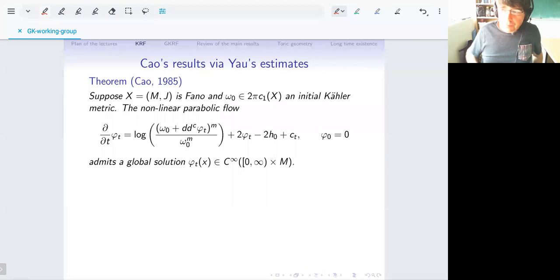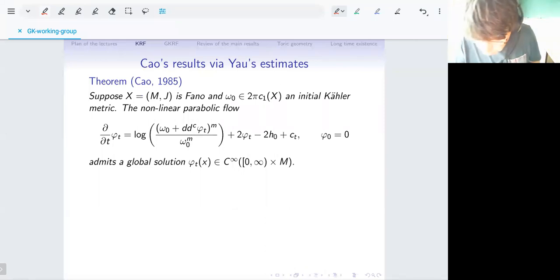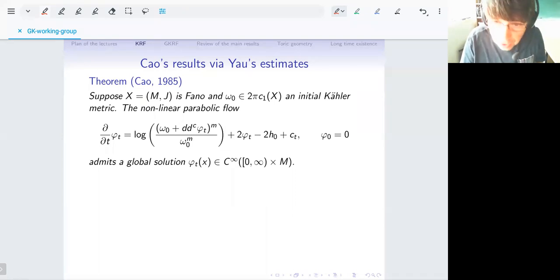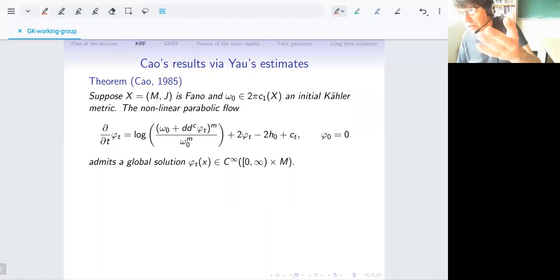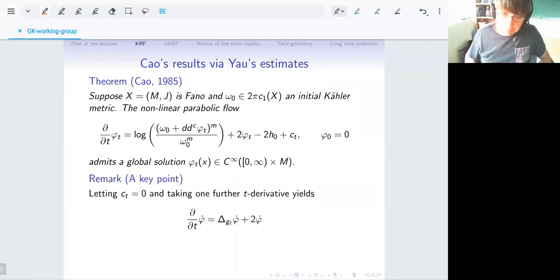Now, this very fact that we have been able to reduce to a scalar has been used by Tsuji, who in this case was able to establish that the flow exists for all time. So he proved the all time existence of this parabolic PDE for one scalar function.